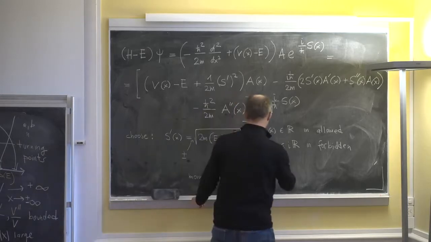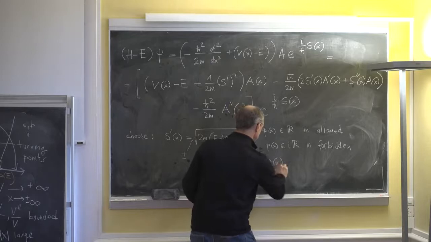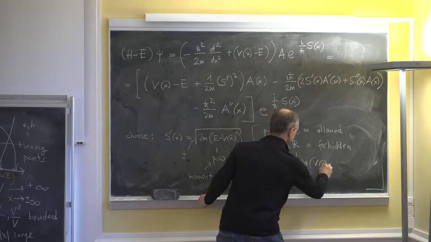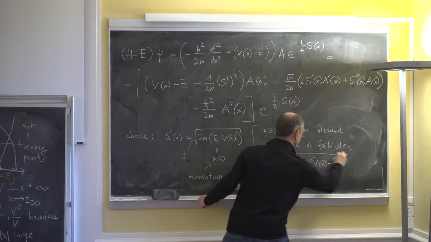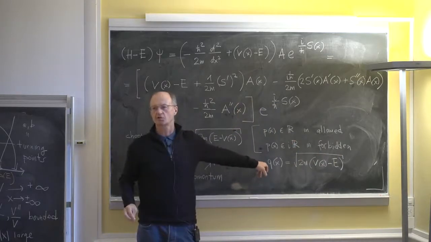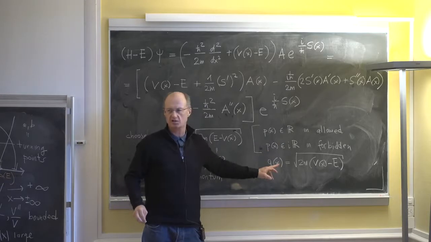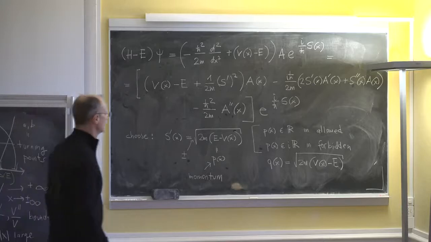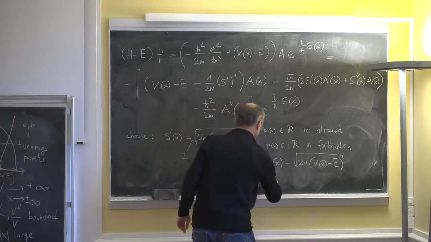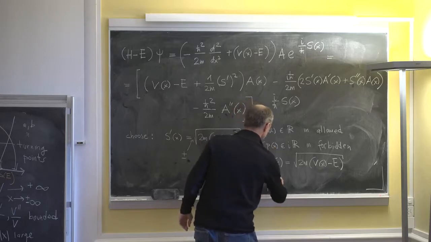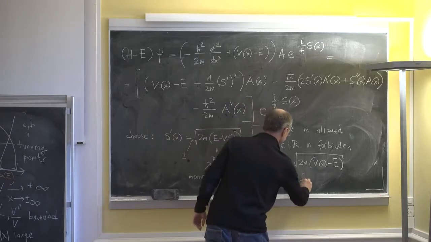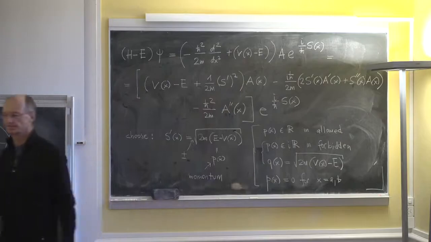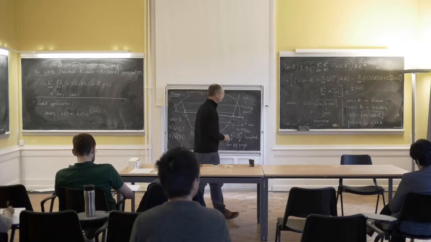In that case, it will be convenient to introduce a different notation. A real valued square root q of x, right? So p of x is i times q of x, or minus i times q of x, depending on the branches of the root. And p of x is 0 for x equal to a and b.